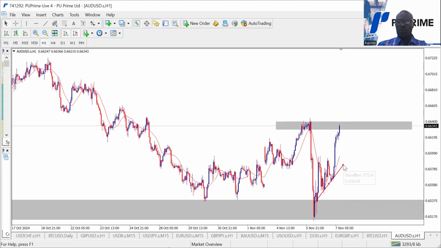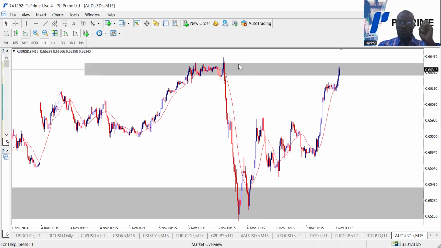So we will continue bullish for AUD, but we hope to wait for a retracement, and also AUD is on a very, very strong resistance zone.